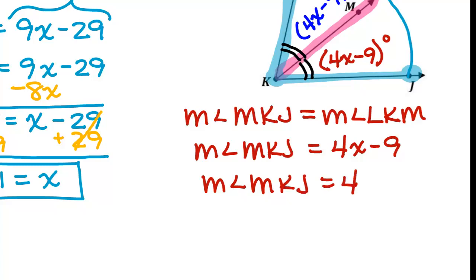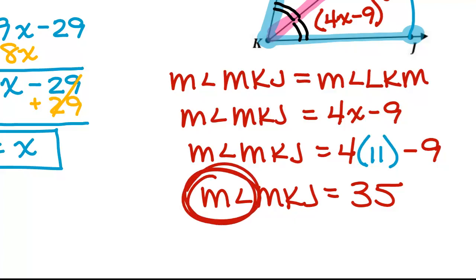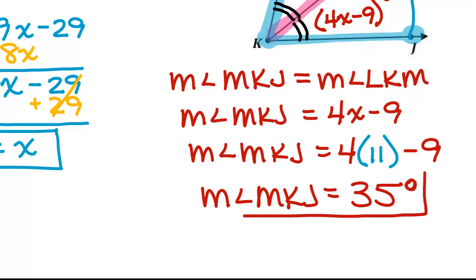So I have 4 times 11 minus 9. So that's 44 minus 9. What is 44 minus 9? 35. 44 minus 9 is 35. Yeah. Because we just found an angle, and this is my final answer. I'm looking at this. I see that I'm finding an angle. We put units of degrees anytime we find an angle.